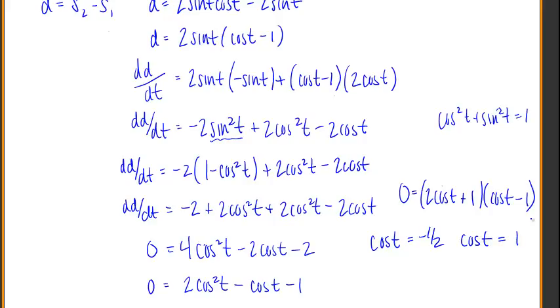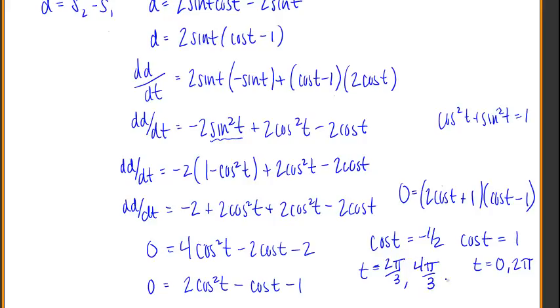Cosine t is positive 1 on the interval from 0 to 2 pi at just 0 and 2 pi. In that same interval, cosine t is negative 1/2 in quadrants 2 and 3, referenced to pi over 3, so there'll be 2 pi over 3 and 4 pi over 3.